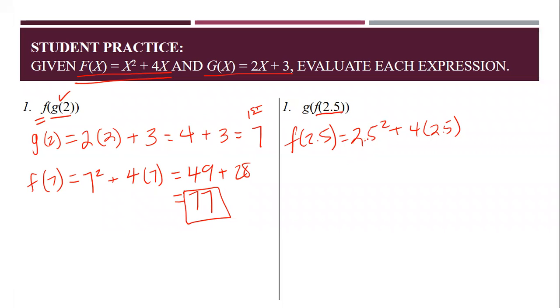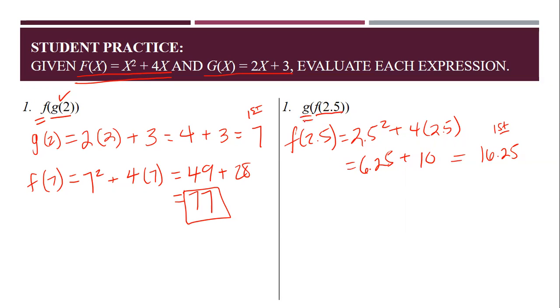So therefore 2.5 squared equals 6.25. 4 times $2.50 means I have $10. So my first output is 16.25. And this is not my answer, it's my first output.